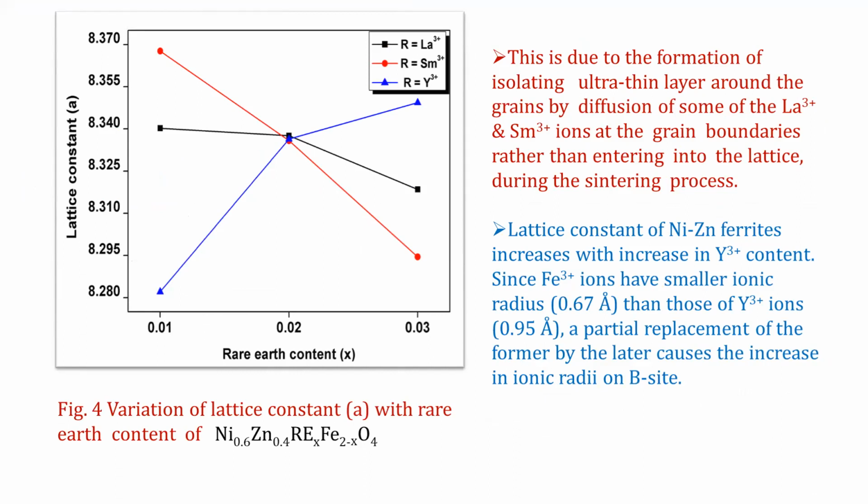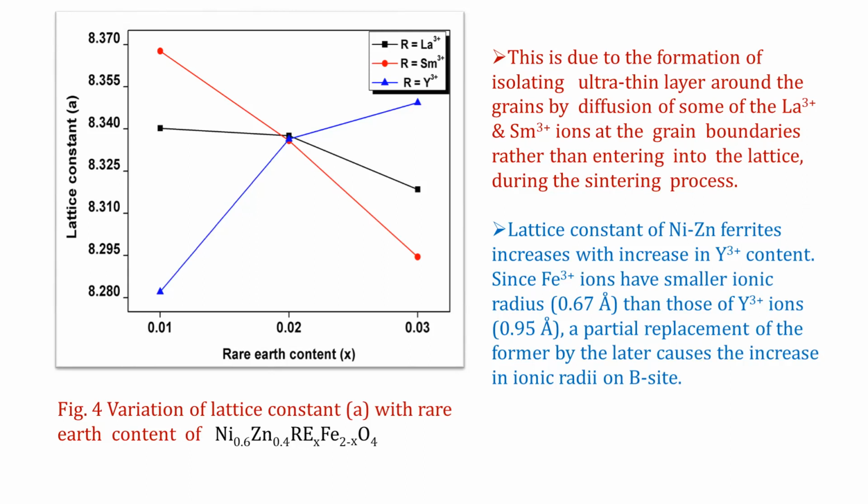Here the red line indicates samarium, the black line indicates lanthanum, and the last, the blue line, is the variation of lattice constant with yttrium content.